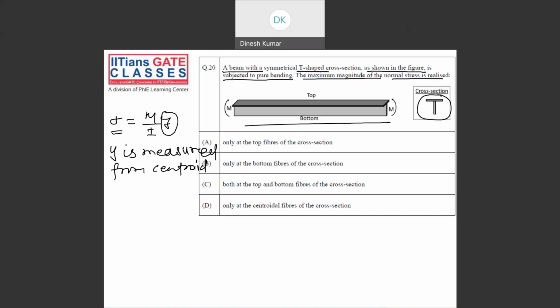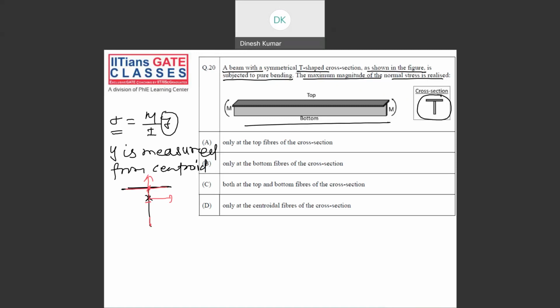Now, in this question, the T cross section is symmetric about the y axis, and your centroid will be somewhere closer to the junction point. So for the T section, this is your junction point, and somewhere here you will see your centroid. So if you take the distances of the top fiber and bottom fiber from the centroid.